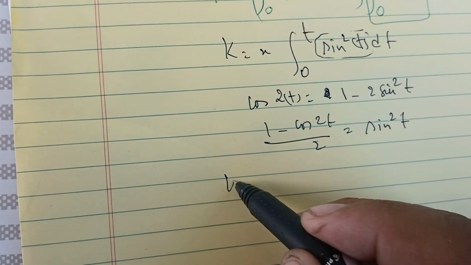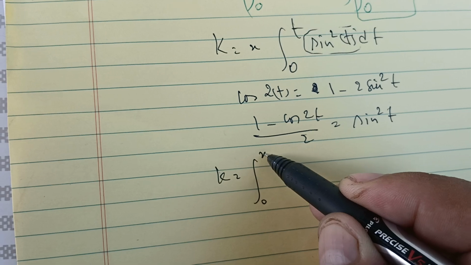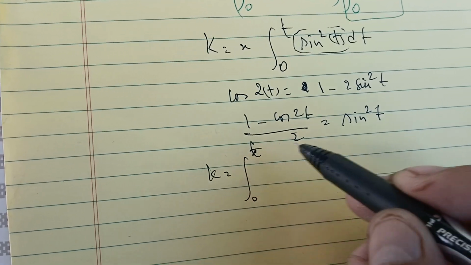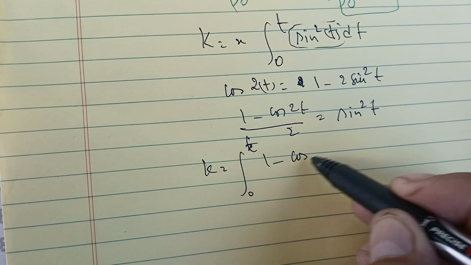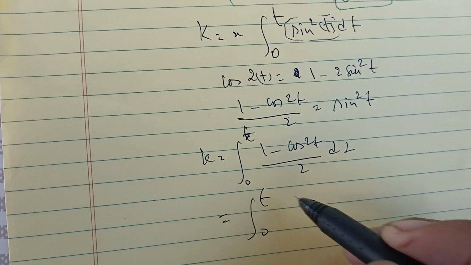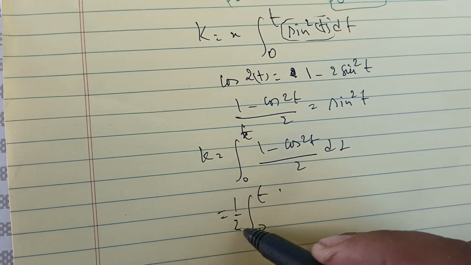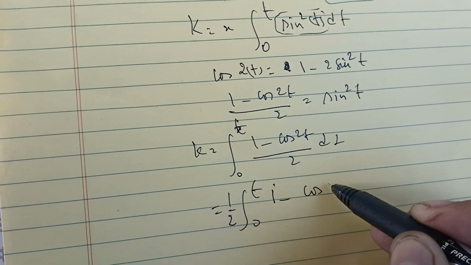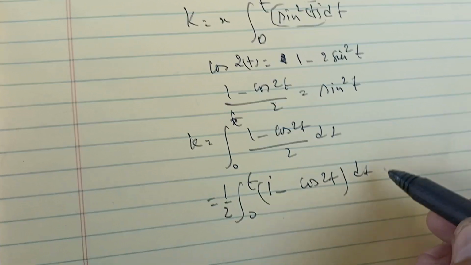And therefore, I can get k as the integral between 0 and t of (1 minus cosine of 2t) over 2 dt. And I can simplify one more time. I take the 1/2 outside, and I have 1 minus cosine 2t dt.